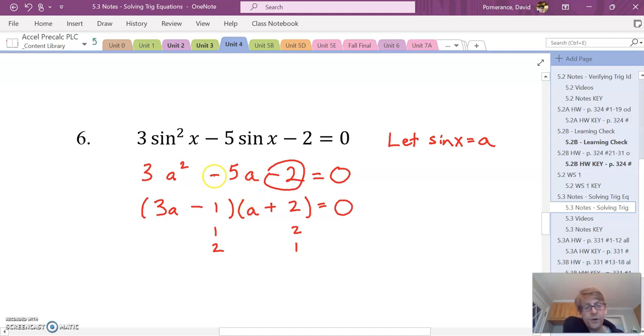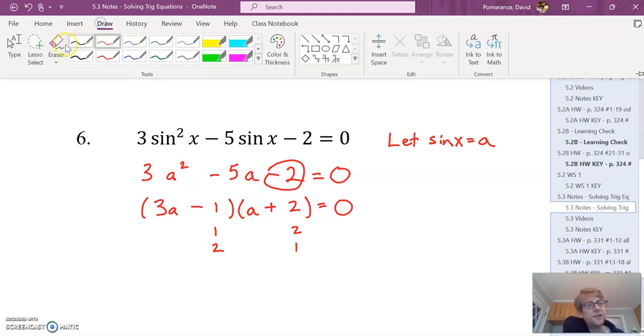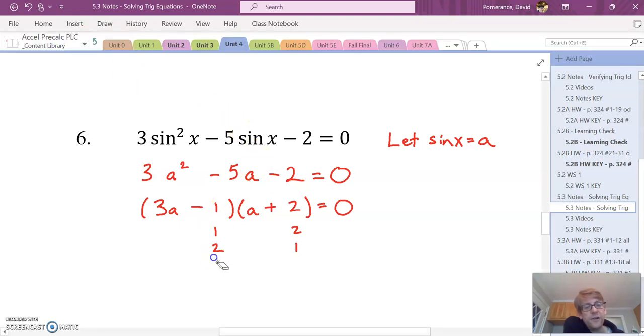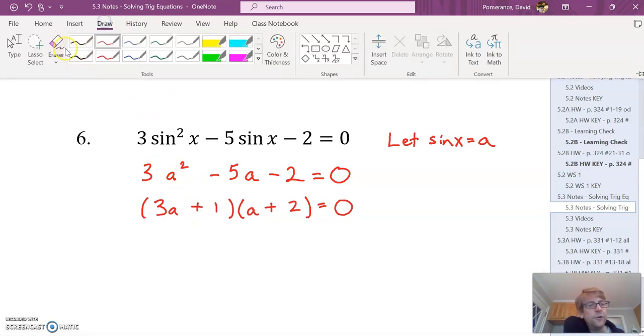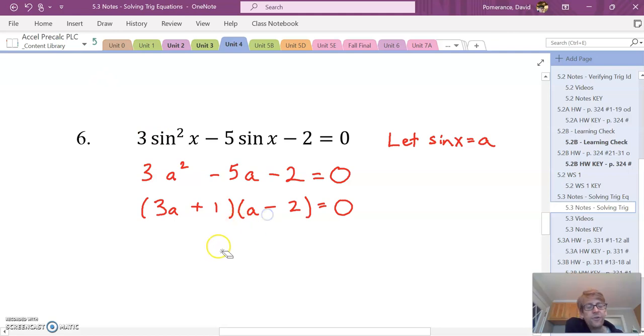Well, that's a problem because we want a negative 5a, but that's not to worry. We can change the negative 1 to a positive 1, and we can change the positive 2 to a negative 2, and all is good with the world.